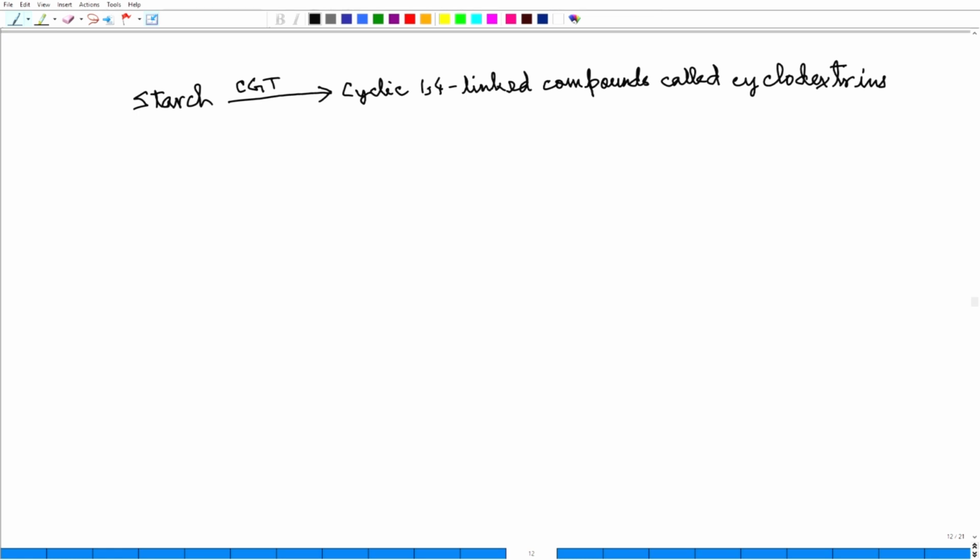So, let us show it this way. What I have done here is draw a starch polymer, and to this starch we apply CGT enzyme.